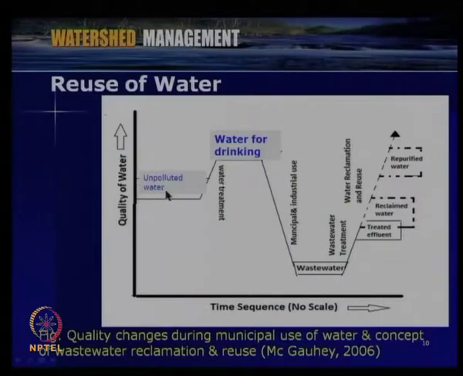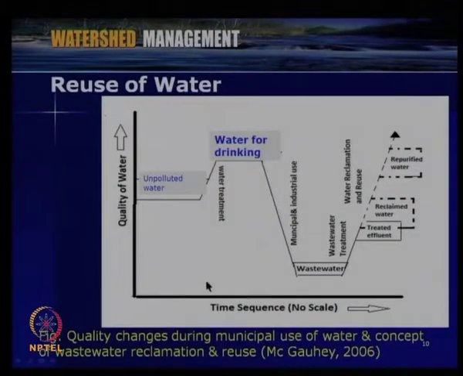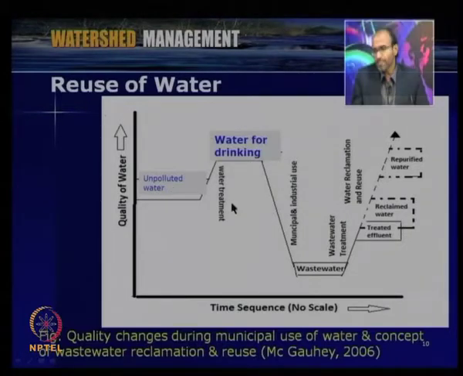Then, as far as reuse of water is concerned, with respect to the quality of water and the time sequence, unpolluted water we can use directly for drinking after some appropriate water treatment.